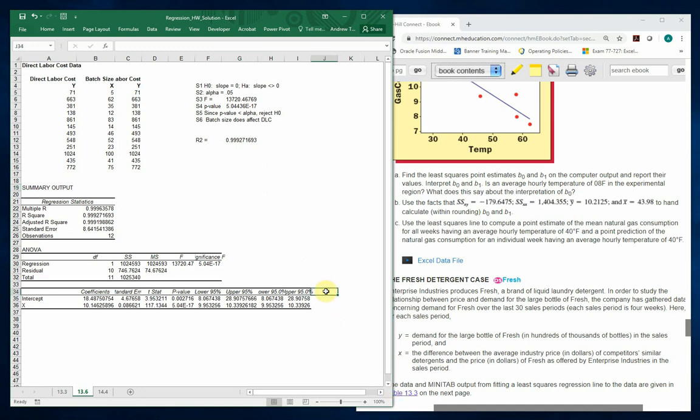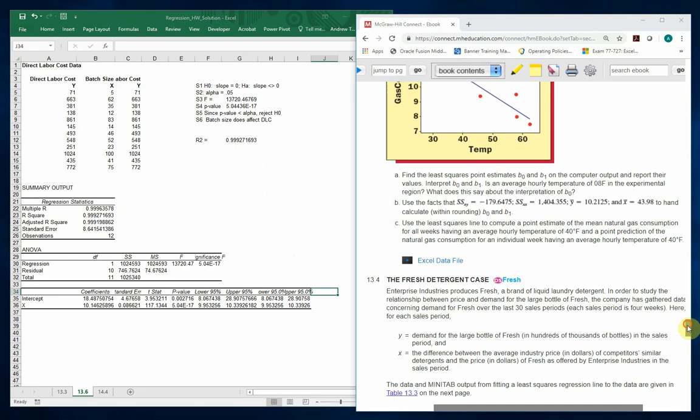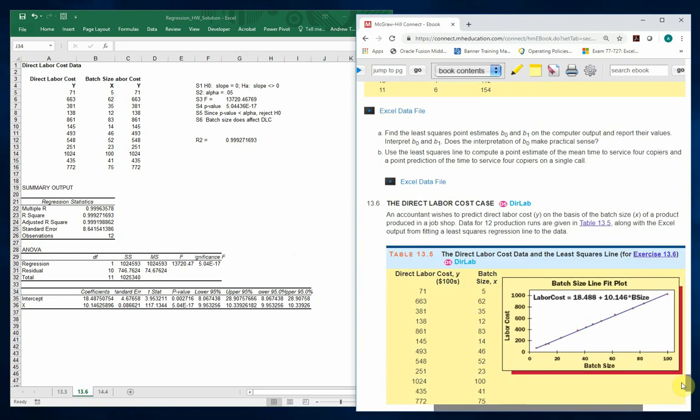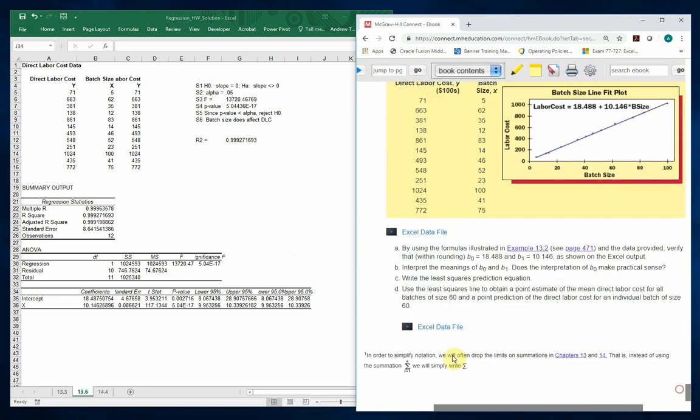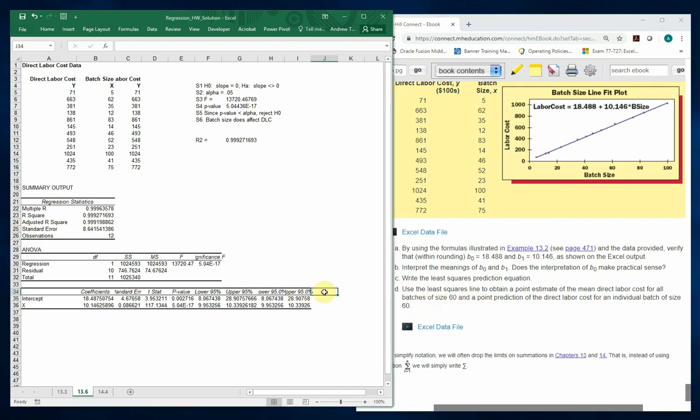Then we can use this to predict. So if we look at 13.6, they want you to predict, if you have a batch of size 60, what would be the labor cost. So if x equals, and I'm going to put a 1 on the intercept, I'm going to put 60 there, and then my Y, which is my labor cost.